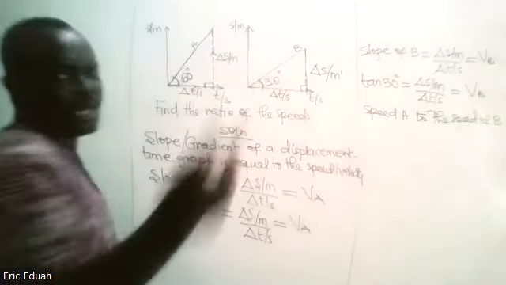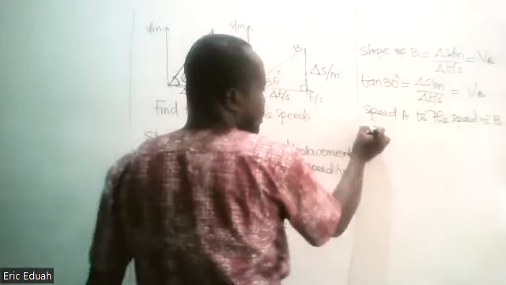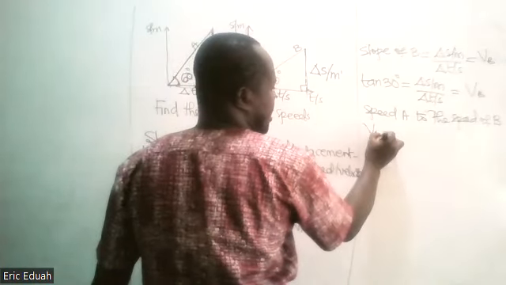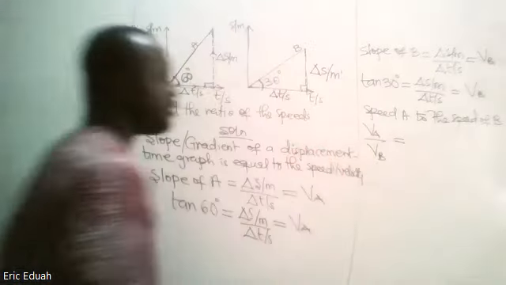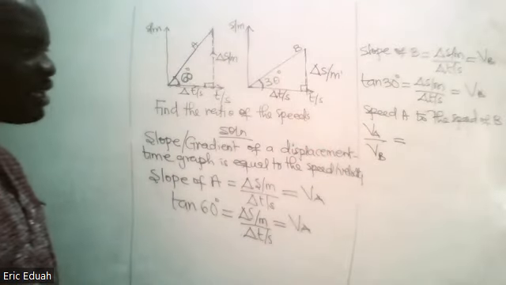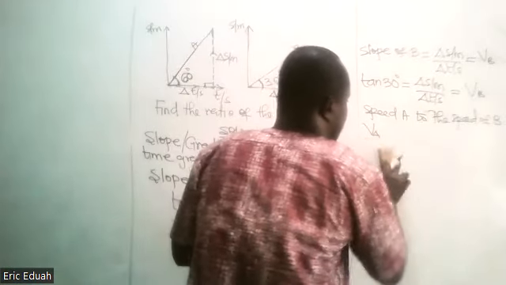So here I'm doing it according to the first diagram. If the ratio is the speed of A is to the speed of B, then don't forget, let me indicate this first.